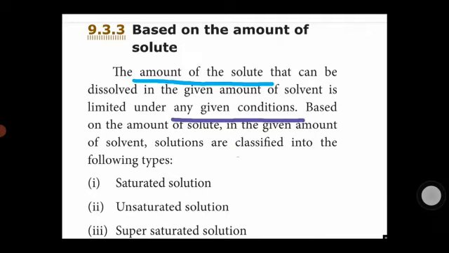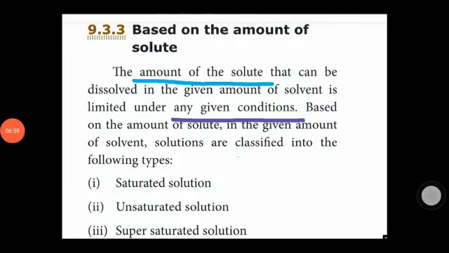Unsaturated means a lesser amount of solid particles dissolved in 100 grams of water: 10 or 20 grams of sodium chloride dissolved in 100 grams of water. Supersaturated means more solid particles dissolved in a definite amount of solvent compared to saturated: 40 grams of sodium chloride dissolved in 100 grams of water.